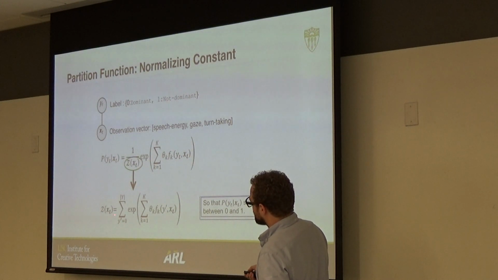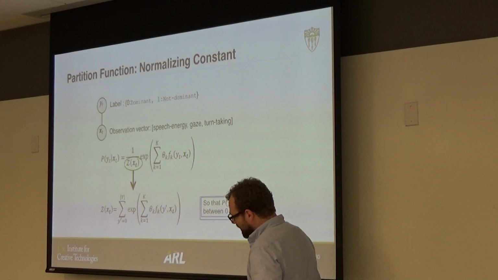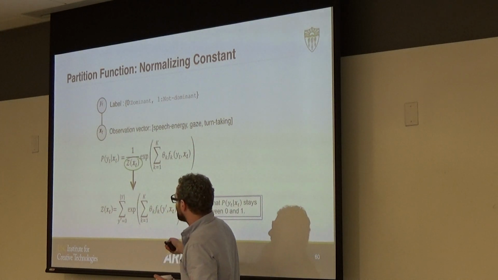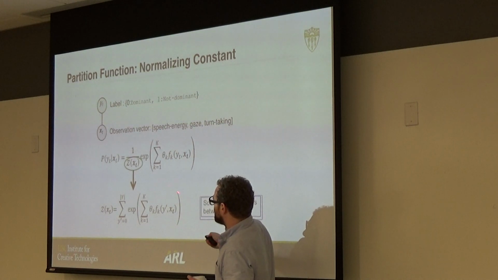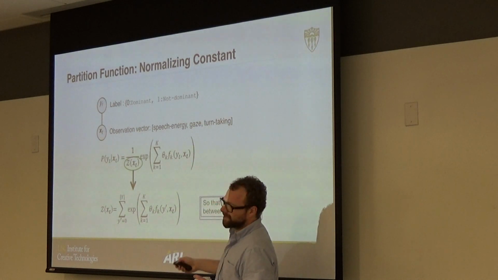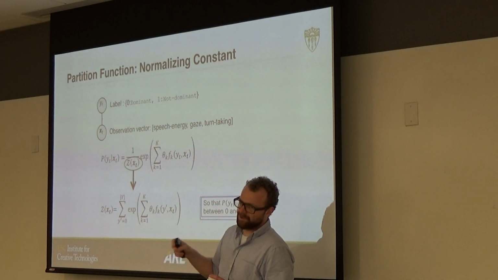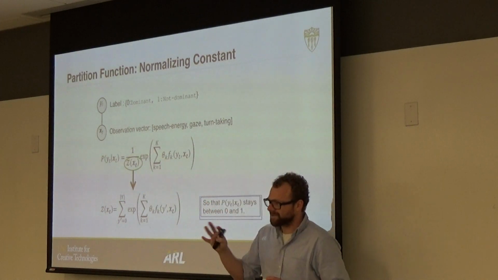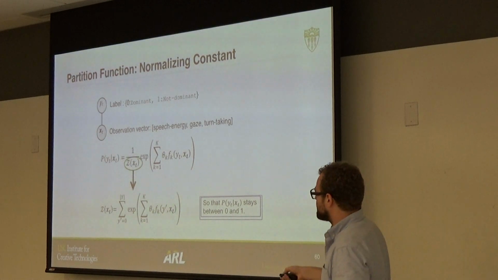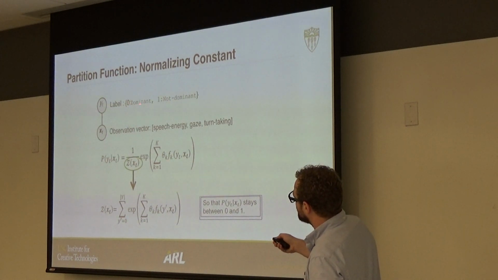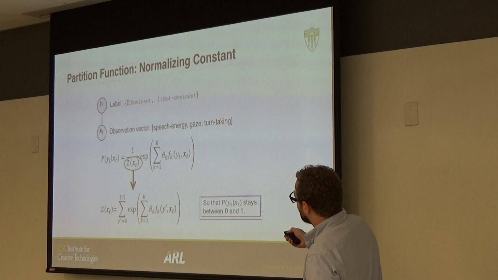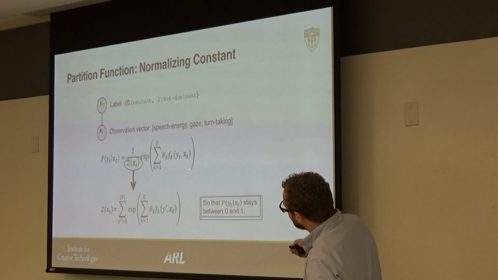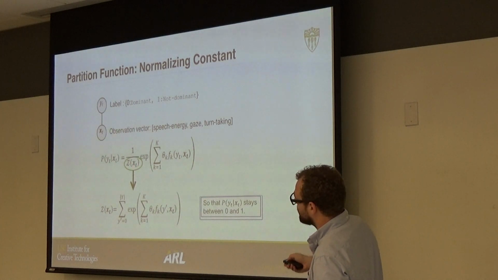You need to make sure that whatever you do here is normalized by the fact that you don't really know which state you're going to be in, or which class is present, so you normalize it by all the possible classes that you have. In this case, we have 2 classes, so we would do this for 0 and for 1, so that whatever we have here is normalized by this thing.